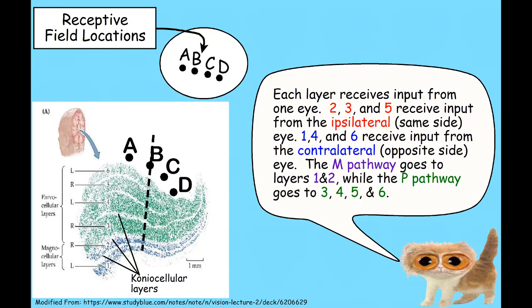So each layer of the lateral geniculate nucleus receives input from one eye. So layers 2, 3, and 5 receive input from the ipsilateral or same side eye. Layers 1, 4, and 6 receive input from the contralateral or opposite side eye.